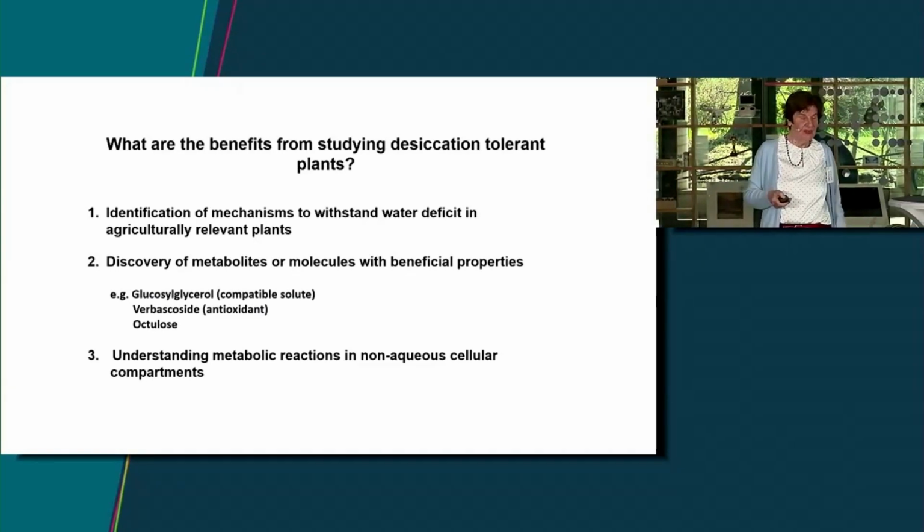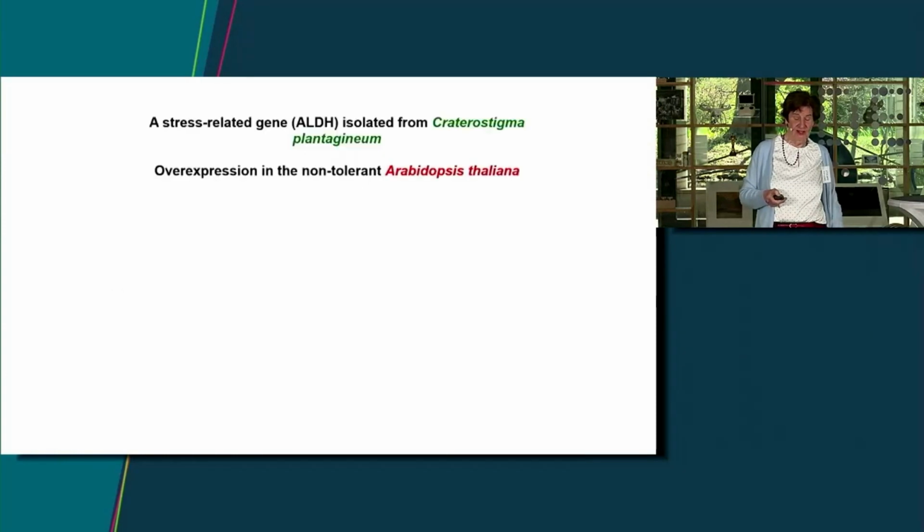And I have mentioned in the introduction also the unique occurrence of the C8 sugar, octulose, which also may have some antioxidant function, but that is probably not the only one. And then I think it could be very attractive to try to understand what happens really in the desiccated state in these cells, what reactions are possible or not possible, triggered by the changes in the protein conformations. But that is something for the future.